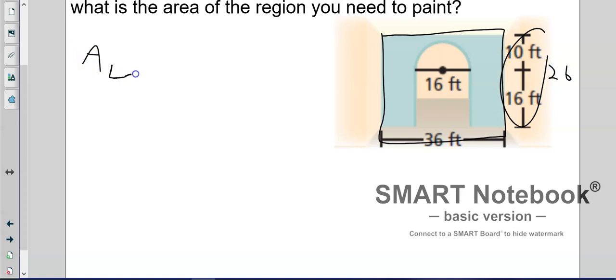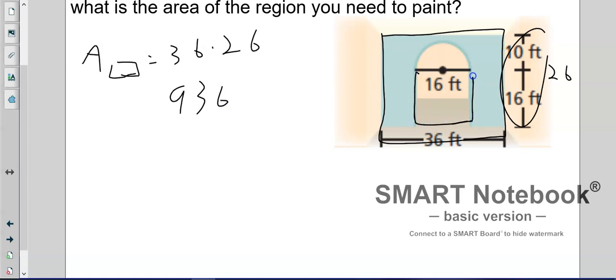So the area of the rectangle is 36 times 26. That's 936. But we're taking out this piece, which is 16 by 16, right? So that's a square. So the area of the square is 16 squared. That's 256. So we're going to take that out.